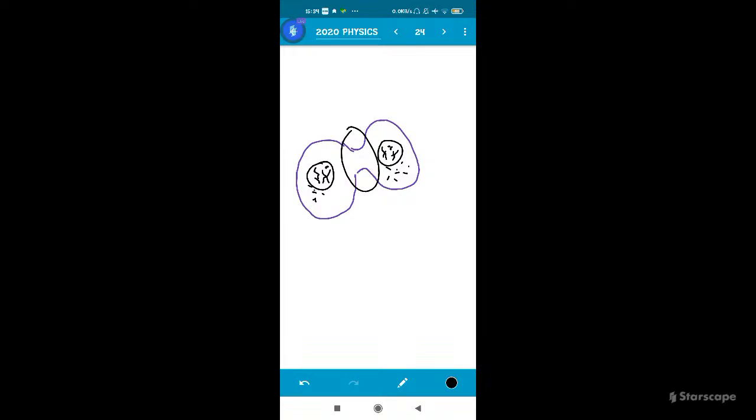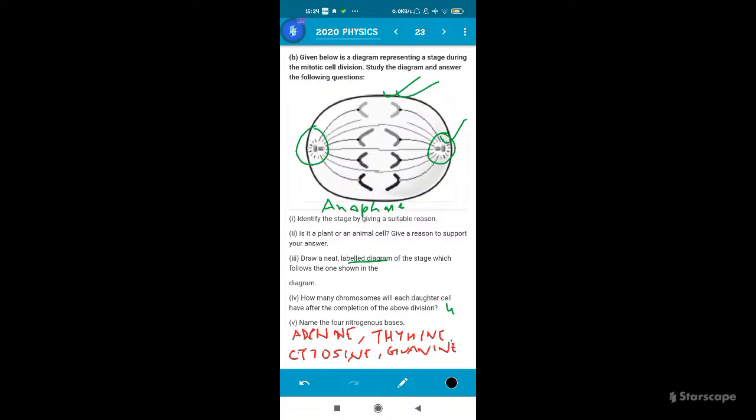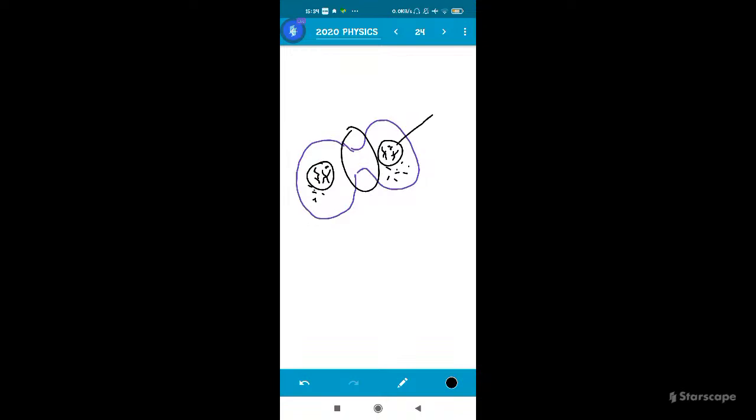So I hope the diagram is clear. Make sure that you are labeling it also. So you have to write nuclear membrane reappears. Okay, these are the chromosomes. Then this is the aster, centriole, all this. Furrow deepens. You have to write all these things. Okay, this is the labeling. Alright, hope the question is clear to you.